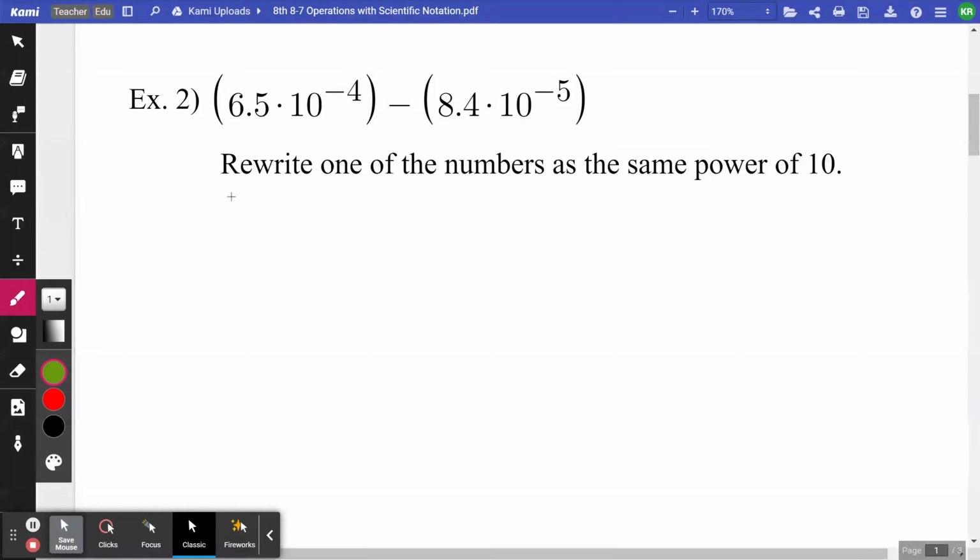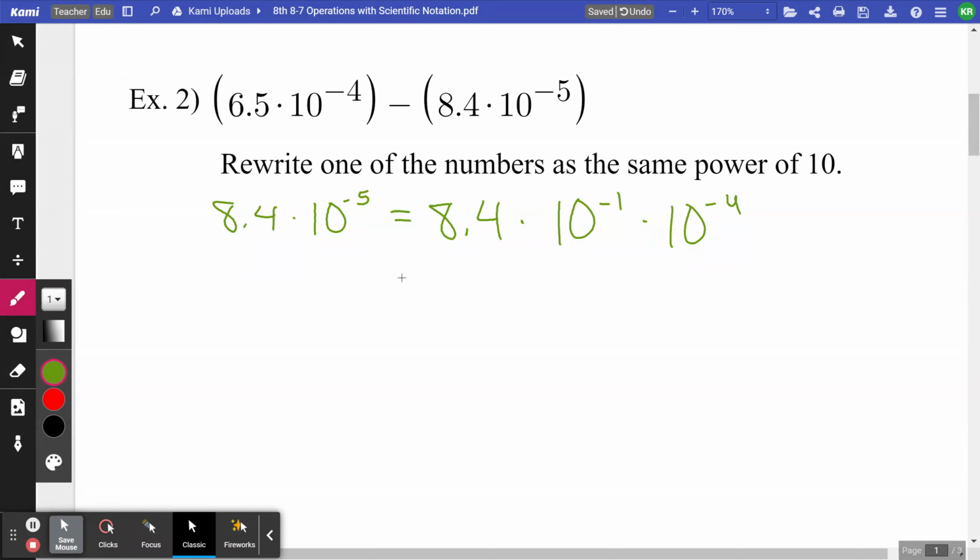So we're going to rewrite 8 4/10 so that it becomes a number with the same power of 10. We need to get it to 10 to the negative fourth power, right? So we're going to rewrite that as 8.4 times 10 to the negative first times 10 to the negative fourth.